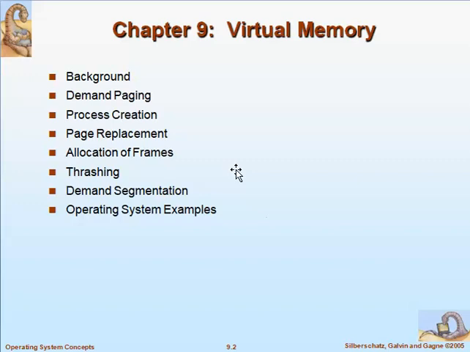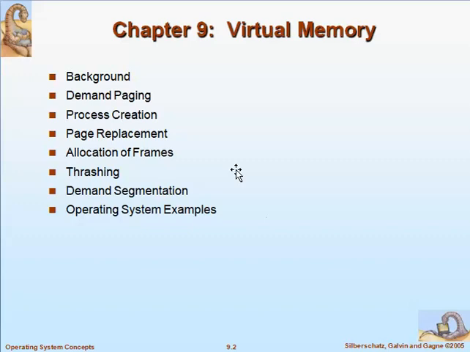In the earlier section, we learned about memory management. In that, we learned about the different strategies that are used for managing the memory. We learned about swapping and contiguous memory allocation, and what are the problems with contiguous memory allocation, and how those problems are solved using a technique called paging.